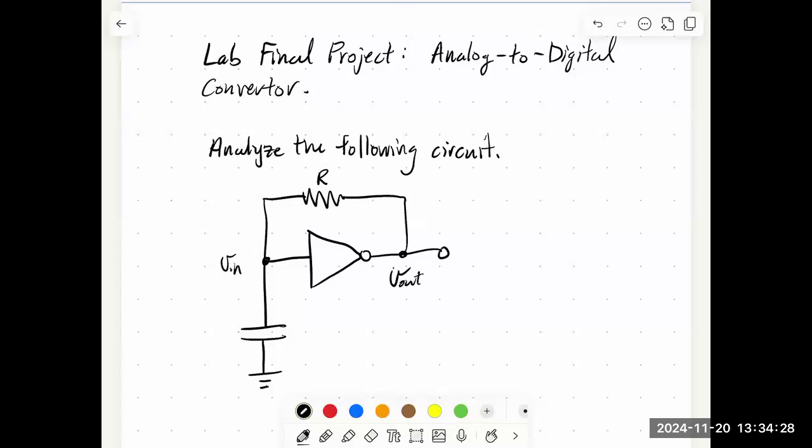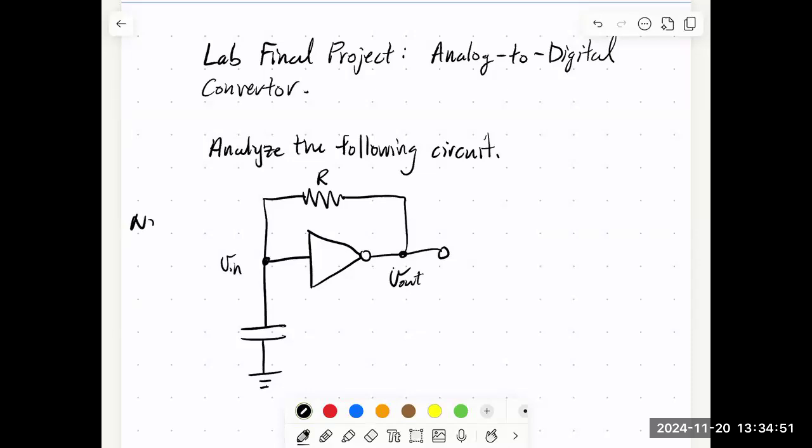The reason why we can get a non-zero output is because the inverter is powered by a DC power supply. So it's getting energy from the power supply, and it's able to have this output. We don't have to supply an external input.